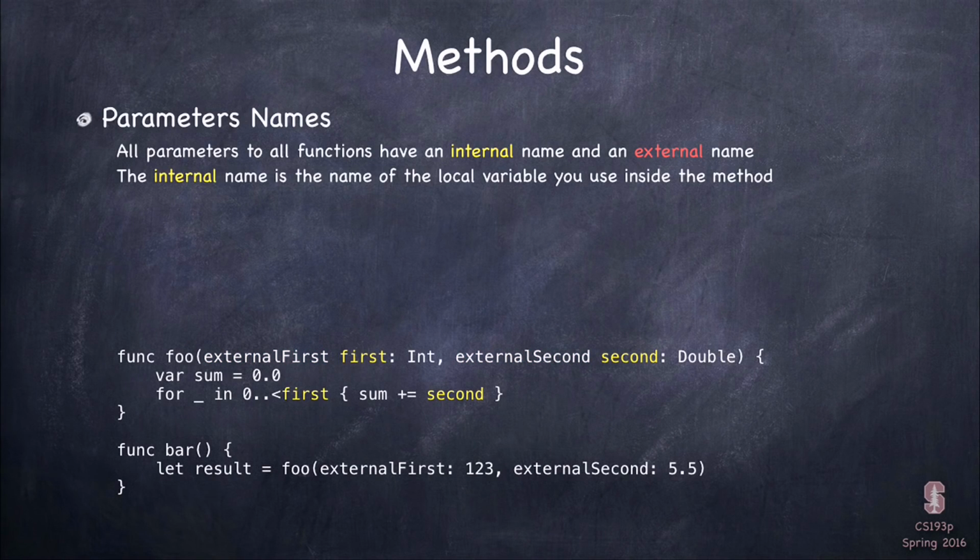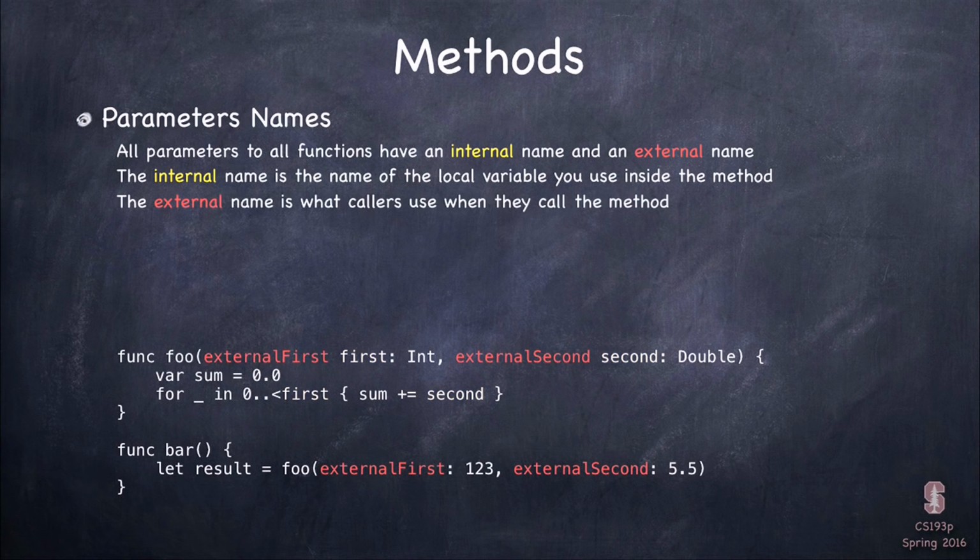The internal name is the name of the local variable that's going to be used inside your method. So that's this one right here. Internal name shows up right before the colon. First and second: you can see how first and second are the names I use for those inside my function. They don't appear anywhere here. Notice first and second do not appear in the func bar call, because those are the internal names.